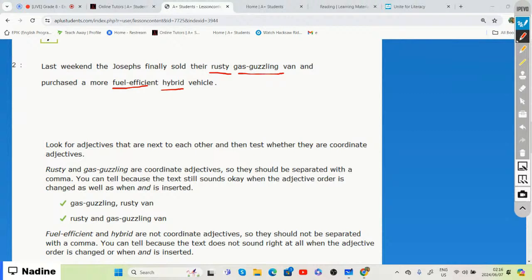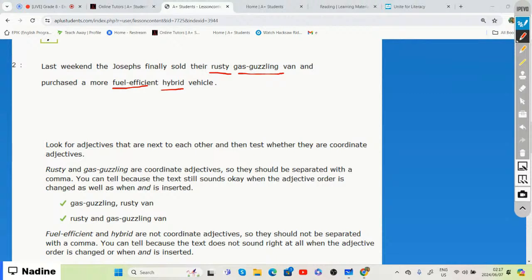Remember, we said we need to see if it is a coordinate adjective if we either add the commas to it or if we add the word "and" between those two words. And if we look at those two words next to each other, for example, rusty and gas guzzling, right?